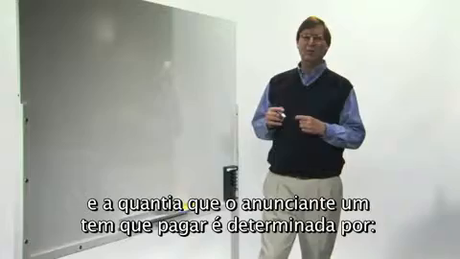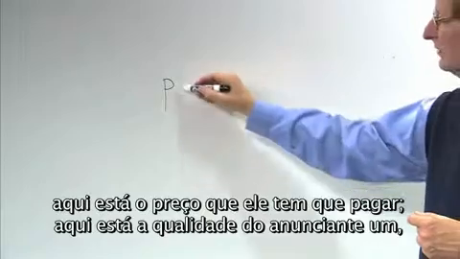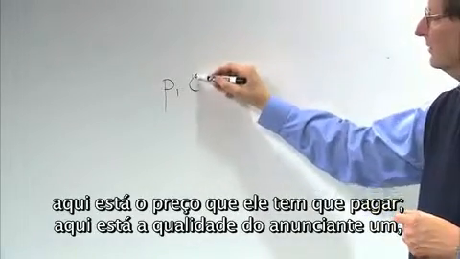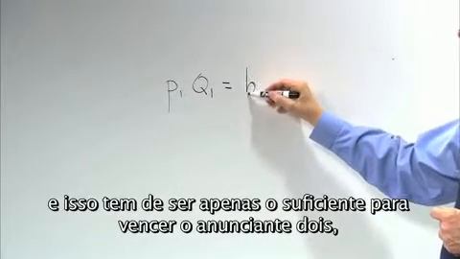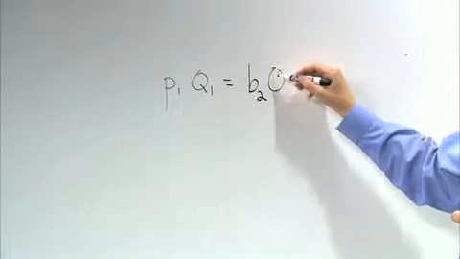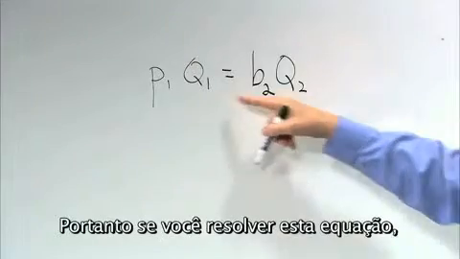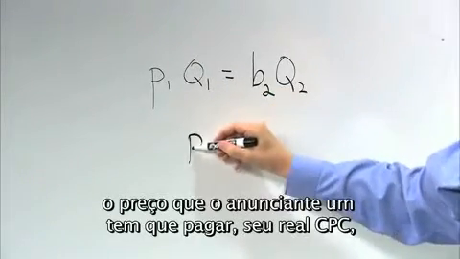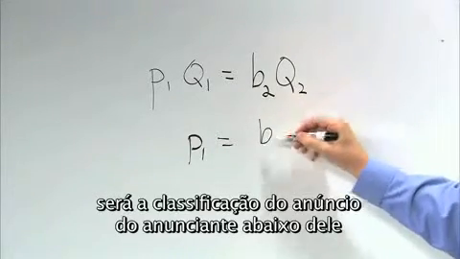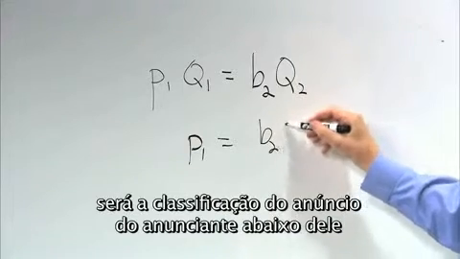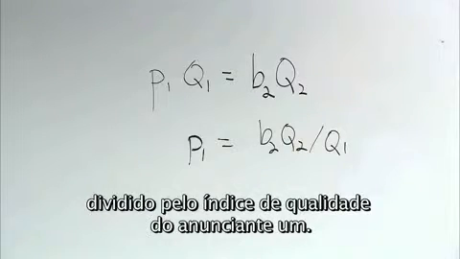The price he has to pay is determined by the quality of advertiser 1 being just enough to beat advertiser 2, who bids B2 and has quality level Q2. So if you solve that equation, the price that advertiser 1 has to pay, his actual CPC, is going to be the ad rank of the advertiser below him divided by the quality score of advertiser 1.